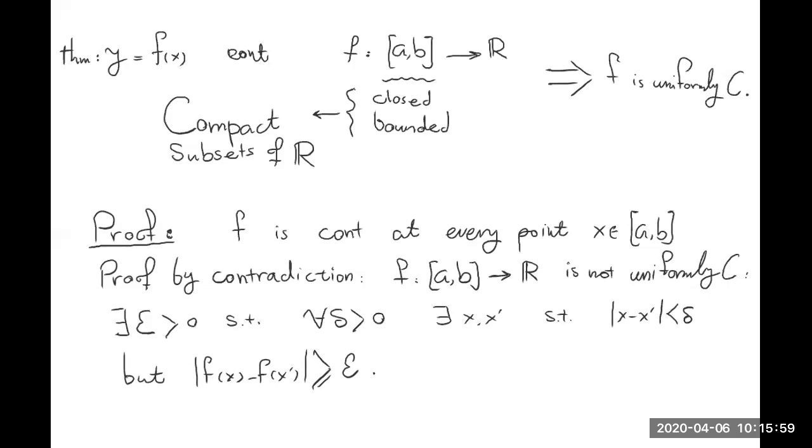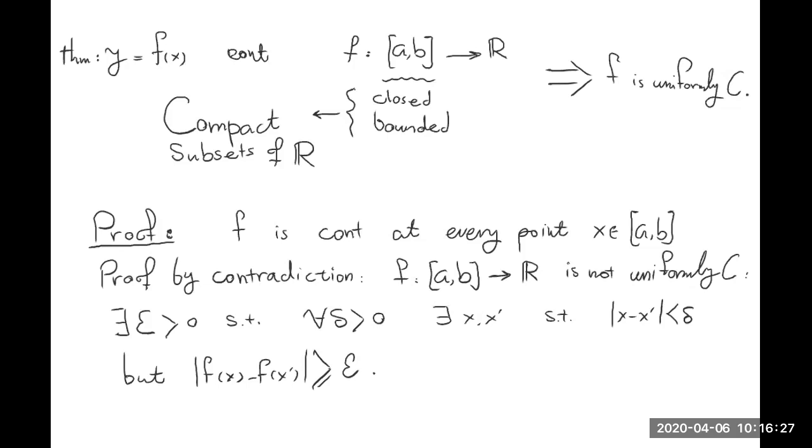So it means the function f is not uniformly continuous, right? Because being uniformly continuous means for any epsilon, there exists a delta such that whenever the absolute value of the difference between x and x prime is less than delta, then the absolute value of the difference between f of x and f of x prime should be less than epsilon.